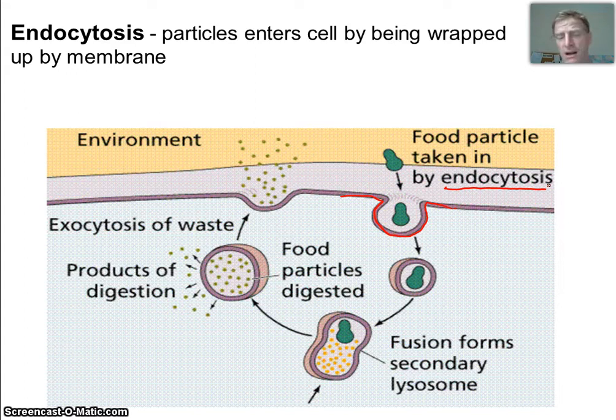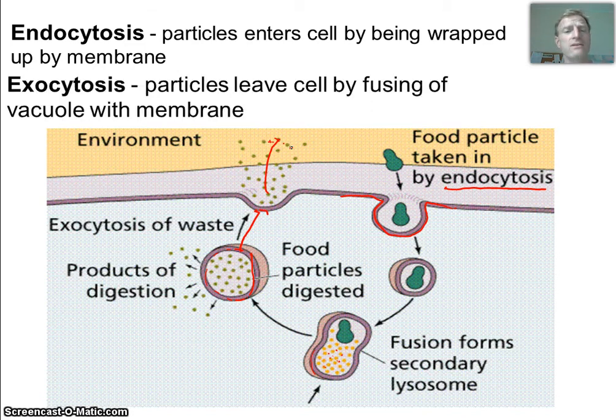And let's say it's a bacteria and we want to get rid of it, or a food molecule. We can fuse it with a lysosome. Remember, lysosomes have these digestive enzymes, and they'll break down the food particles. The food particles can then be taken into the cell. And let's say we just have some waste products that we don't want in the cell. Well, we can keep those within this container, maybe this vacuole, and we can fuse that vacuole again with the cell membrane. And again, since all membranes are interchangeable, when it fuses, then those particles can leave the cell without ever having passed through the membrane, and that process, when it exits the cell, is called exocytosis.